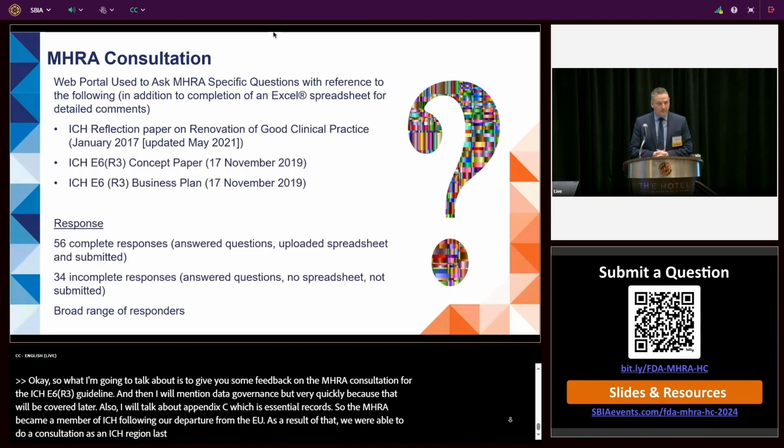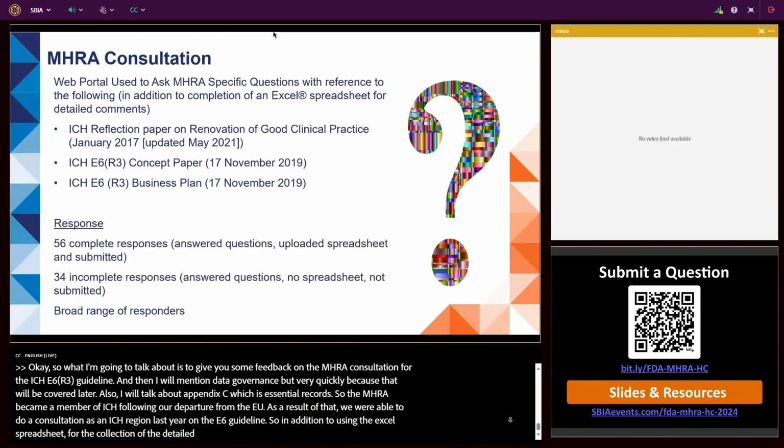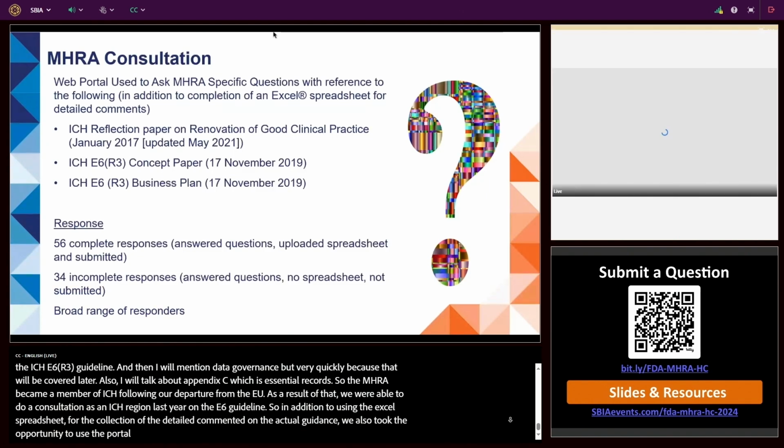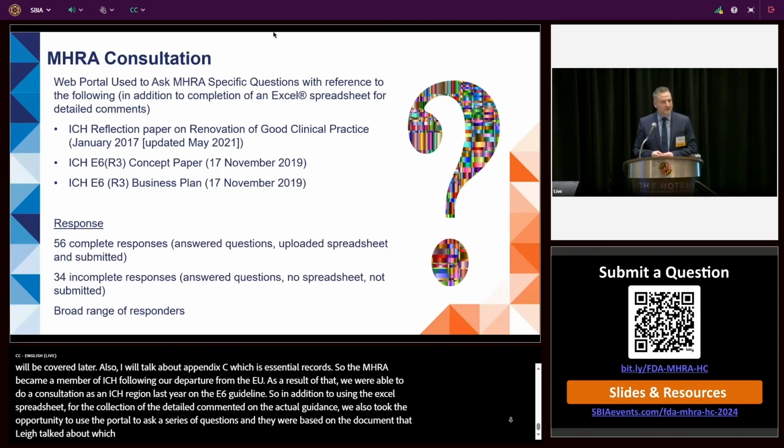So in addition to using the Excel spreadsheet for the collection of the detailed comments on the actual guidance, we also took the opportunity to use the portal to ask a series of questions, and they were based on the documents that Leigh talked about, which is the reflection paper and the concept paper.